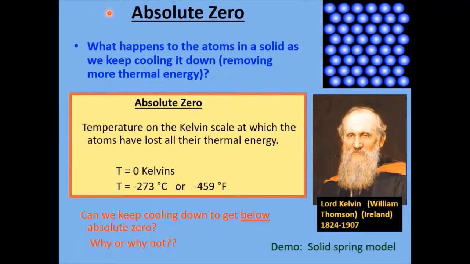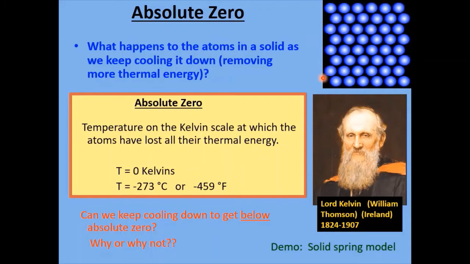Let's now turn to lowering the temperature of solids until basically we get to the coldest possible temperature, which is called absolute zero. So imagine we have a solid, for example, a solid chunk of iron or something like that, and we start cooling it down inside of some sort of cryogenic freezer.